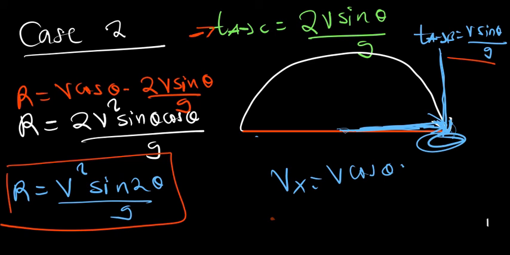There we go. So v final in y will be equal to v initial in y, plus gt, like that. Is that okay? Now the question which you have to ask yourself is this: which initial velocity are we going to get?